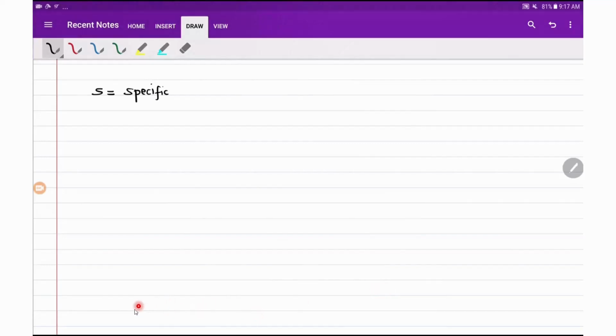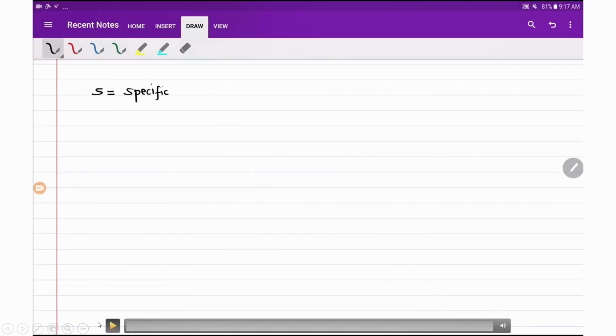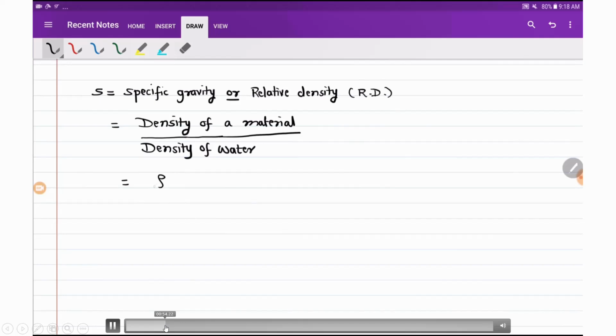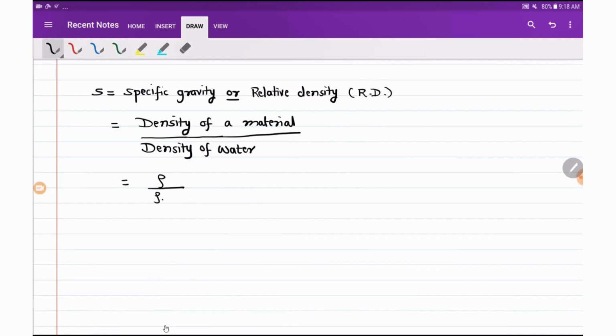Now the important part, some basics we have to see from our fluid mechanics. Specific gravity or relative density RD will be equal to density of a material divided by density of water. This is the definition of specific gravity, that is rho divided by rho of water.